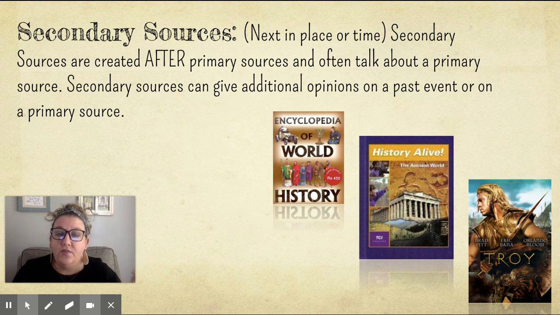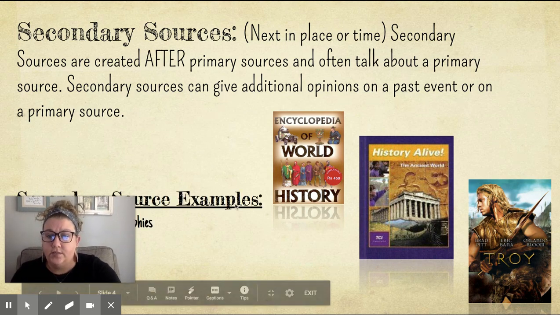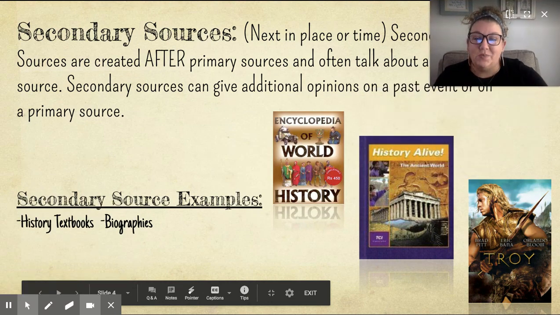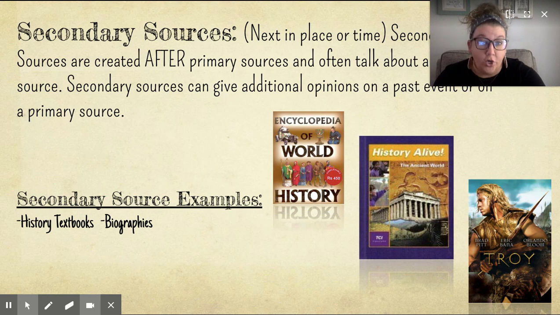They can give additional opinions on the past event, or on the primary source itself. These are documentaries, textbooks, biographies, right? An autobiography would be a primary source, but a biography is a story about someone written by someone else. So that's a secondary source.